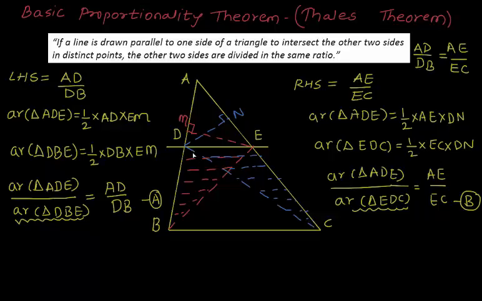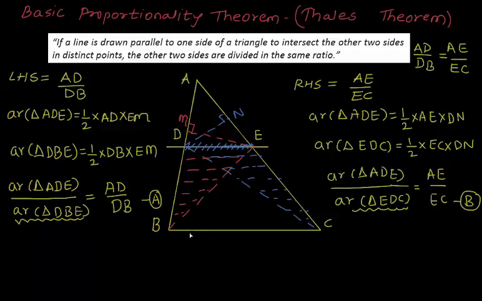Now these two triangles are drawn between two parallel lines DE and BC. These are two parallel lines by the initial construction, and they have the same common base DE. That means the areas of the two triangles will be the same.